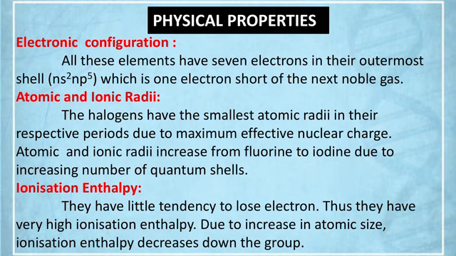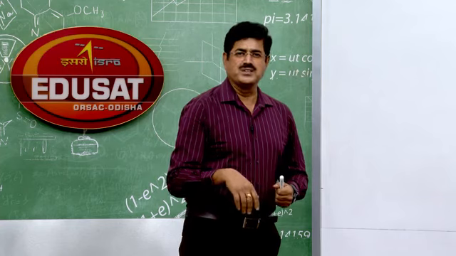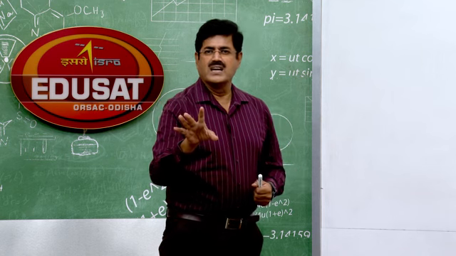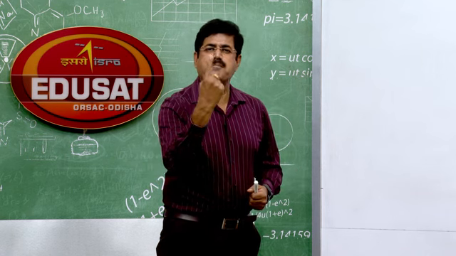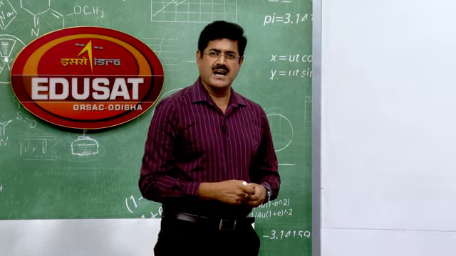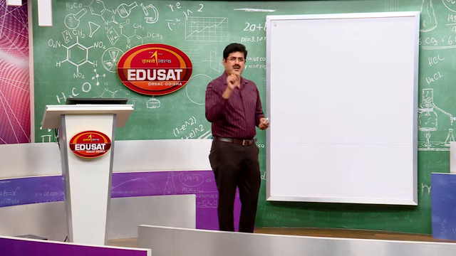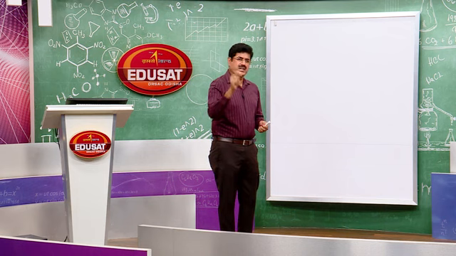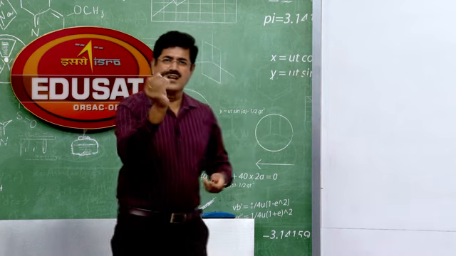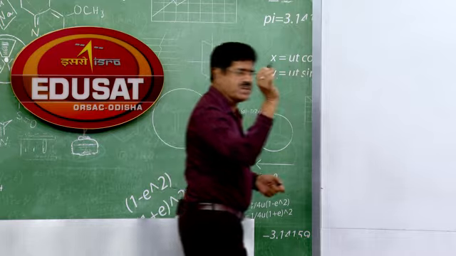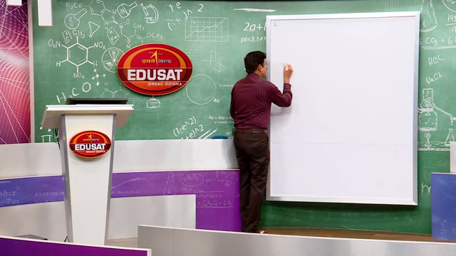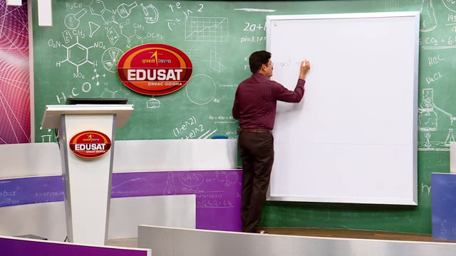How many electrons are there in the outer shell of halogens? 7 electrons, out of which 5 electrons are in p subshell, resulting in 1 unpaired electron in p subshell. So halogens have 1 unpaired electron, particularly the elements fluorine, chlorine, bromine, iodine and astatine. The general electronic configuration of halogens is ns2 np5, which I am writing on the whiteboard.